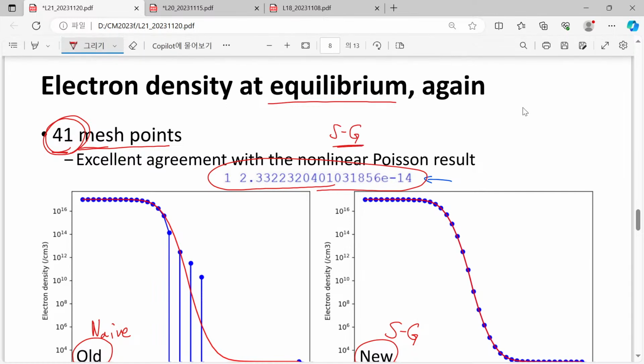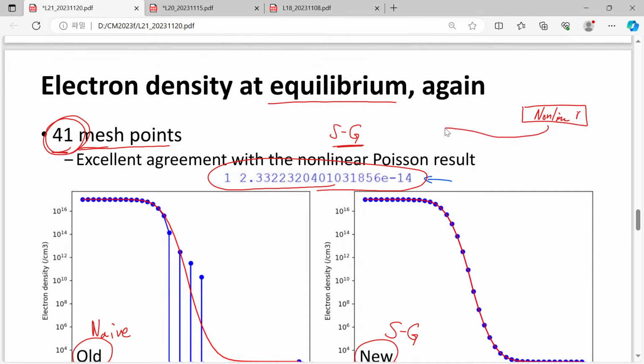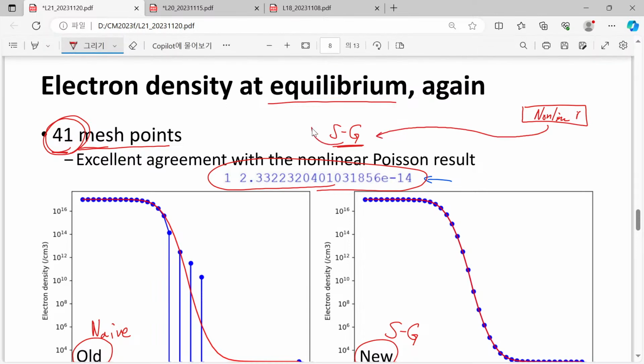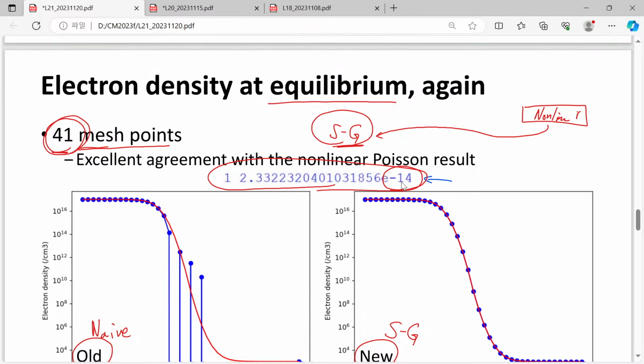I got a solution from the nonlinear Poisson equation, and when I use this solution as an initial solution for our Scharfetter-Gummel discretization, then the update of potential is on the order of 10 to the minus 14. It means that it is already in the numerical error range.